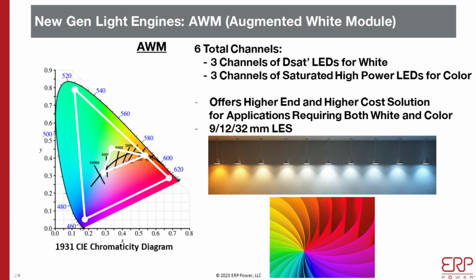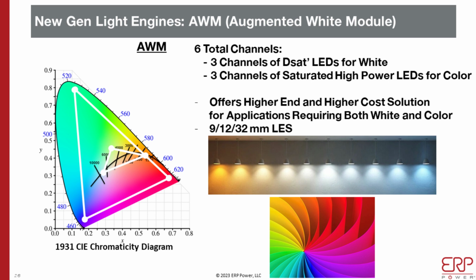But on top of it, you have full color, meaning saturated color. In order to accomplish this, we need to have 6 channels. 3 channels of the driver are used for generating white, pretty much the same thing that we talked about on TWM1 and 2, and then 3 channels of saturated high power LEDs that we're using to create color.